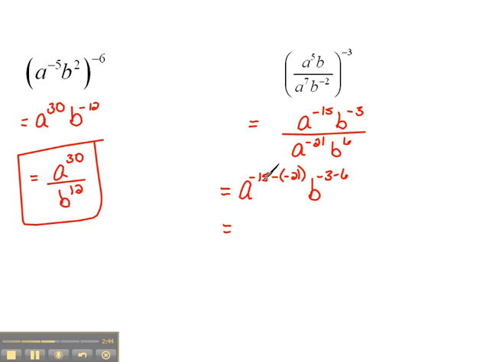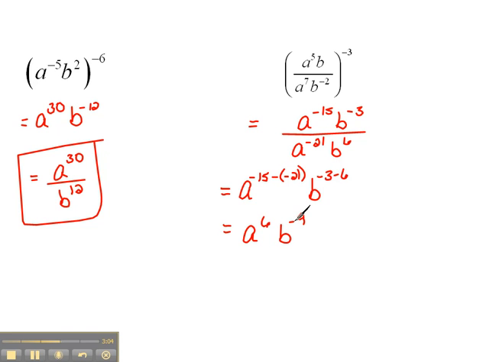Negative 15 minus a negative 21, remember, a minus and a negative is going to turn into a positive. So negative 15 plus 21 would be a to the 6th power, and b to the negative 3 minus 6 would be b to the negative 9.